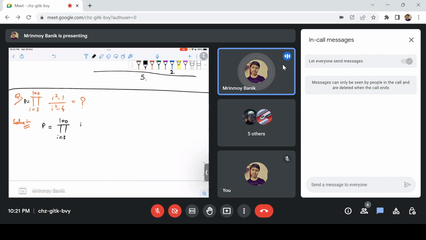Using the a squared minus b squared formula, we have a plus b times a minus b by a minus b times a plus b.